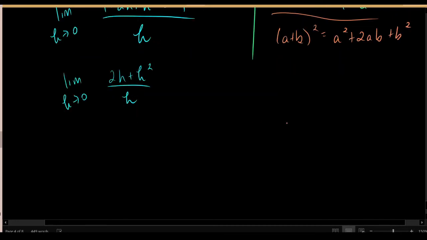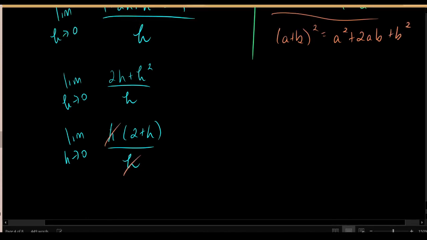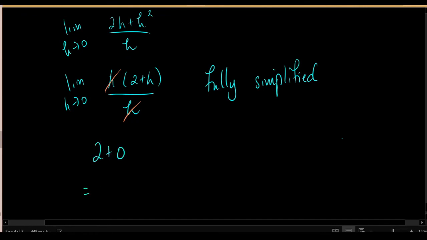Let me continue to simplify. If I factor h, I get h times 2 plus h, over h, then I can get rid of this common factor of h, and now my function is completely simplified, and I can plug in h equals 0. And I get 2 plus 0, which is just 2.